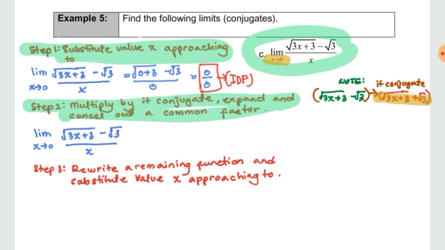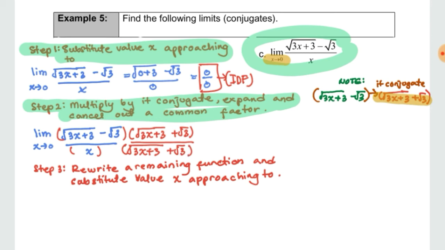So we multiply the function by its conjugate: square root of 3x plus 3 plus square root 3 over square root of 3x plus 3 plus square root 3.